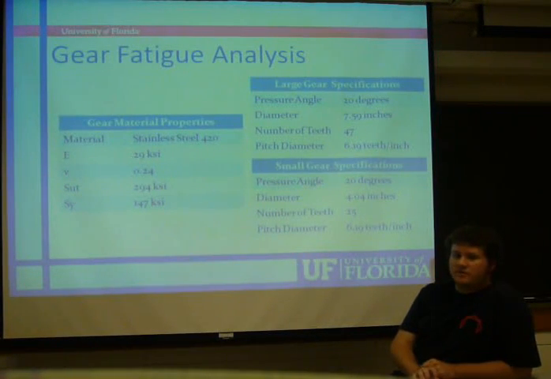We selected the gears and the rollers to have the same material properties: stainless steel 420 with a modulus of elasticity of 29 KSI, Poisson's ratio 0.24, and ultimate and yield strength of 294 and 147 KSI respectively. We have 2 different gears, a large gear and a small gear, each with a pitch of 6.19 teeth per inch. The large gear has 47 teeth, and the small gear has 25.